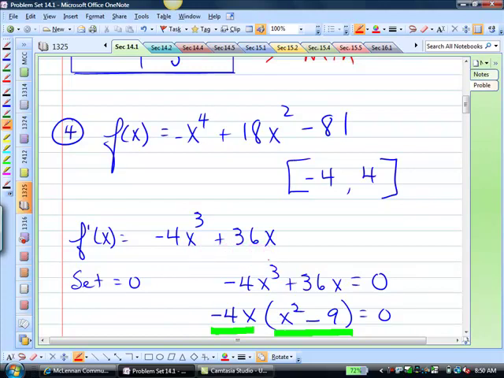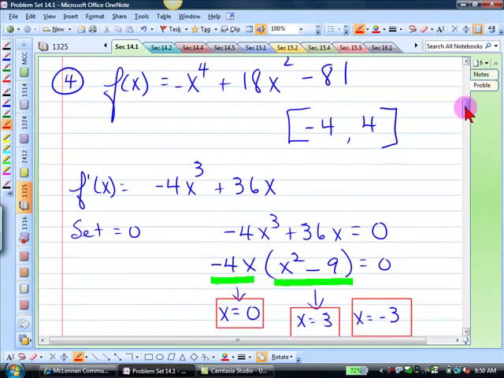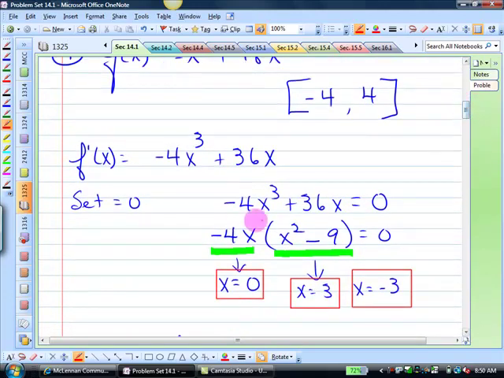And then we're going to set that equal to 0. I have -4x cubed plus 36x equals 0. I factored out -4x. That's the way you want to work with this one. And so -4x and x squared minus 9, those are your two factors. Okay?